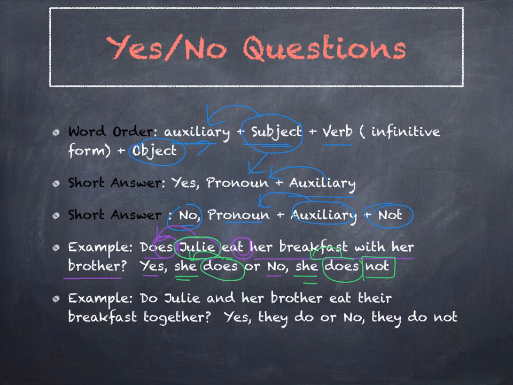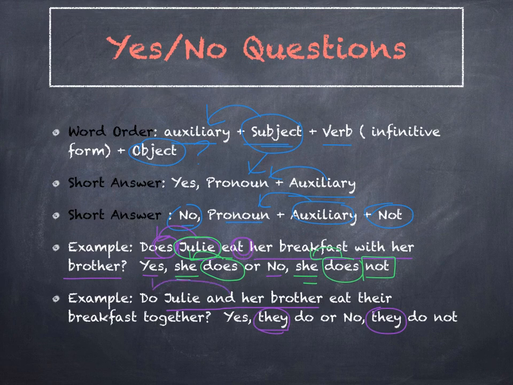In the second example, here is my subject. So I am not working with the third person singular because this subject here could be replaced by they. Third person plural.